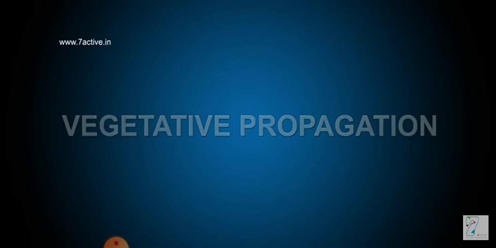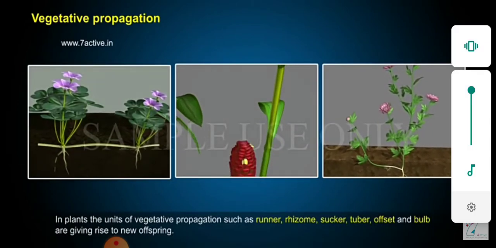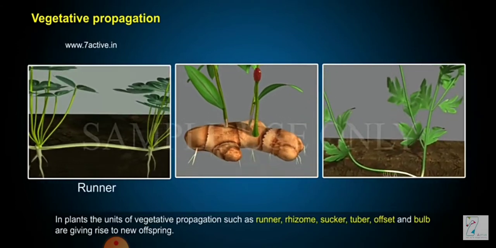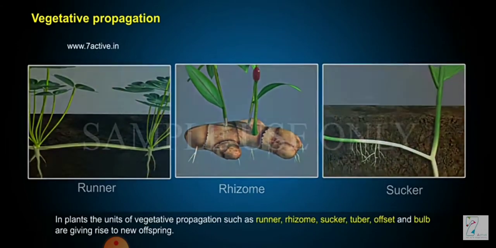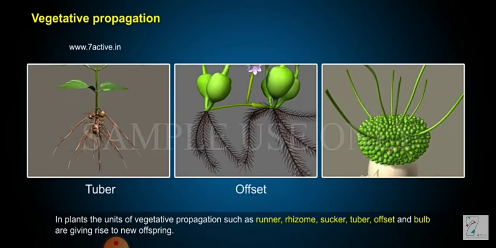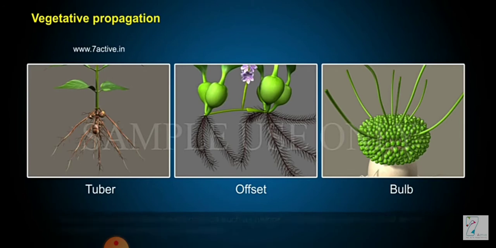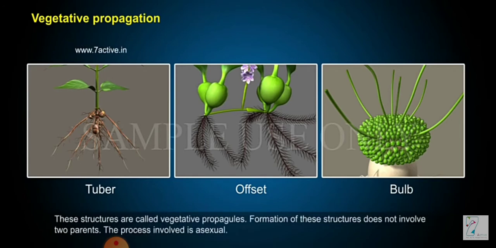Vegetative propagation. In plants, the units of vegetative propagation such as runner, rhizome, sucker, tuber, offset and bulb give rise to new offspring. These structures are called vegetative propagules. Formation of these structures does not involve two parents.